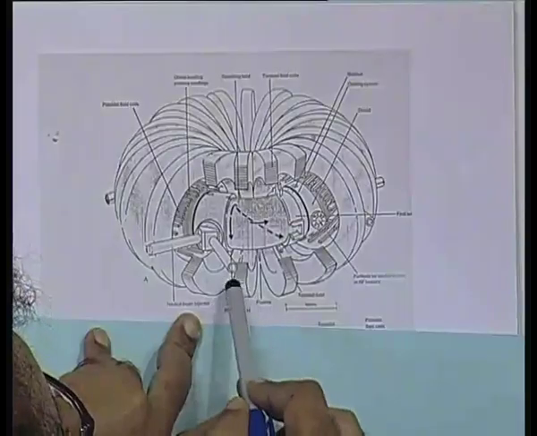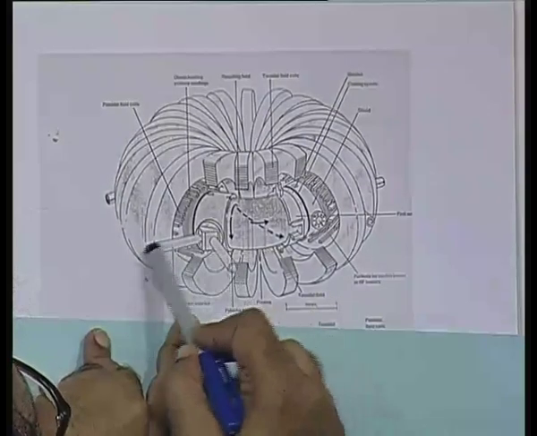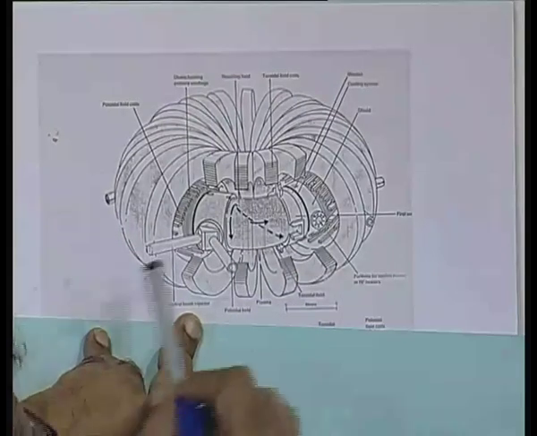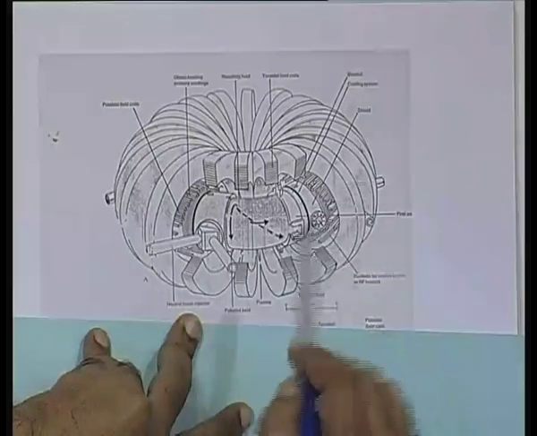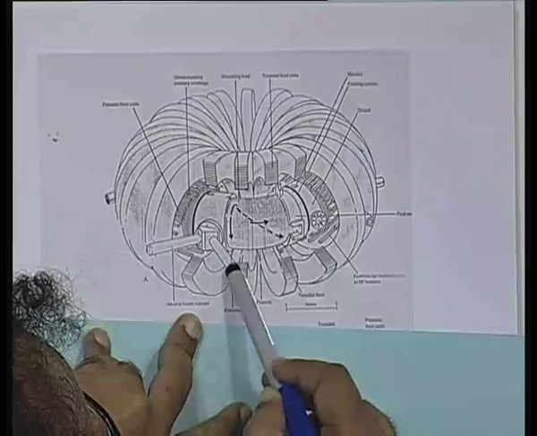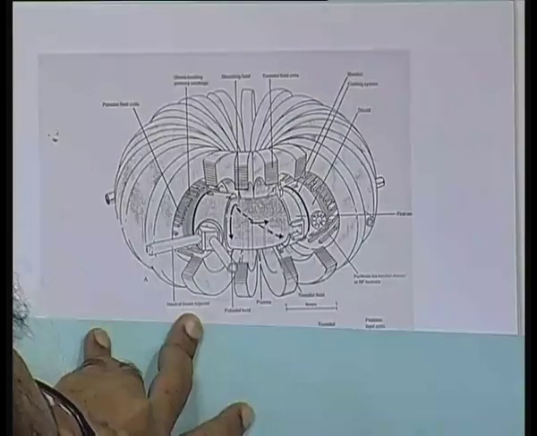So you first accelerate and then neutralize it and then put that in. So something goes in with a high kinetic energy. These are done through these neutral beam injector points, right. So if you put that in, can you see that clearly? So these are the neutral beam injection points.